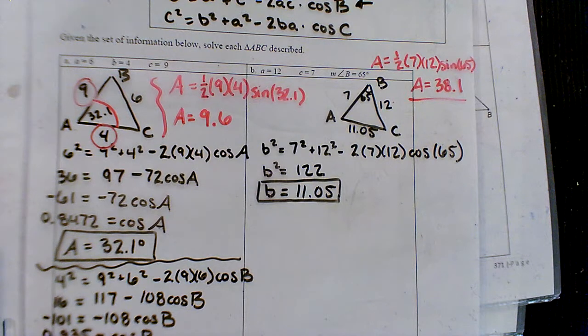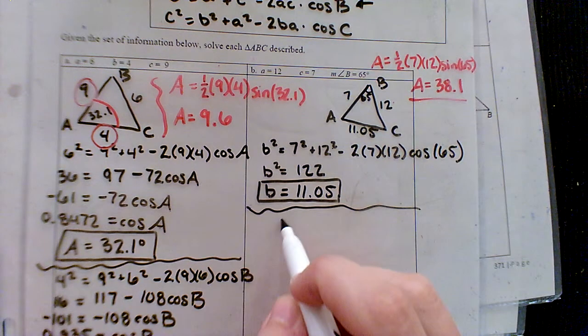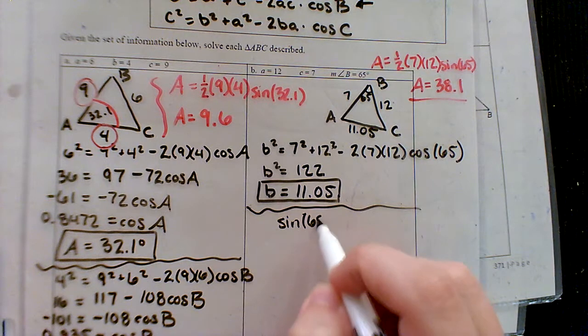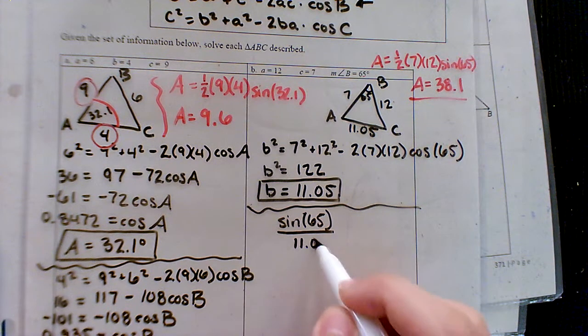So we could use law of sines, but now notice how we know all 3 sides, so we could probably use the law of cosines. You have options. What do we want to try? You want to try law of sines as a refresher from yesterday? Let's try that. Okay, so law of sines, we need the sine of the angle we know, which would be 65, and we'll divide that by its opposite side, which we just found out was 11.05.